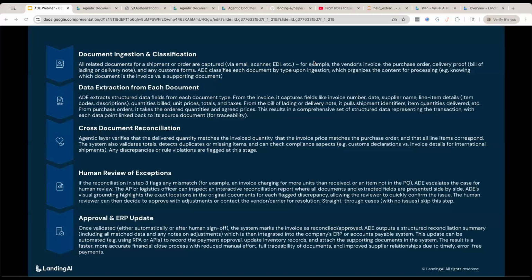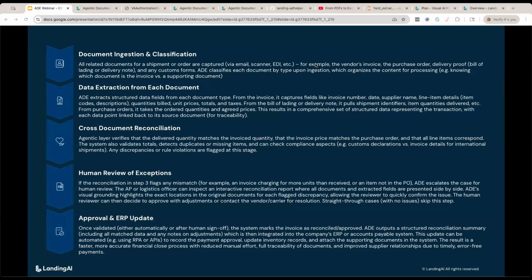As you can see here, our service will help support this by extracting and processing invoices, purchase orders, delivery notes, and bills of lading. Those extractions can then be reviewed and checked for mismatches or anomalies.